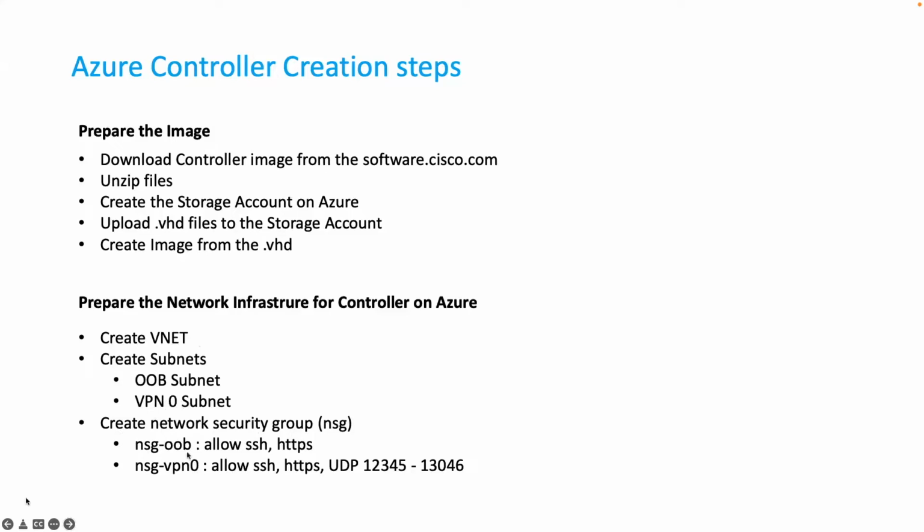We're gonna allow SSH and HTTP for the outbound interface, and for the VPN0, we're gonna allow SSH, HTTPS, and also the Viptela port requirement, UDP 12346 to 13046. Let's go back to the Azure, and then we start configuring the VNet.